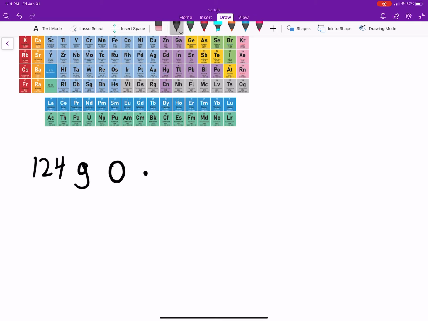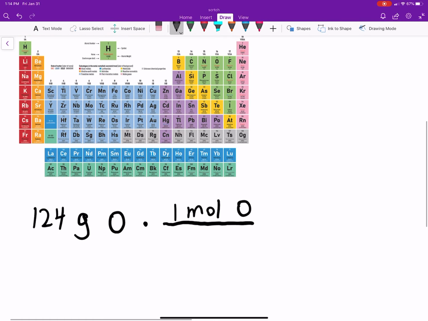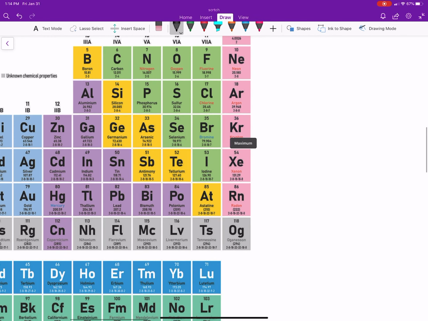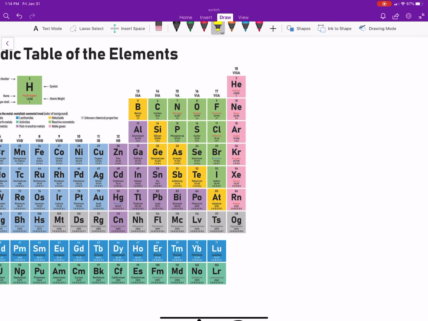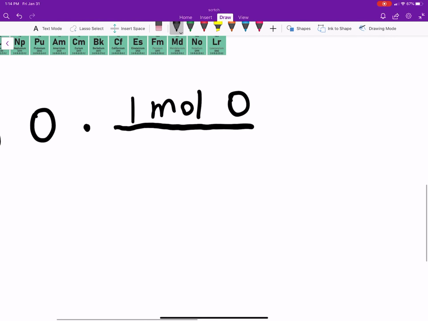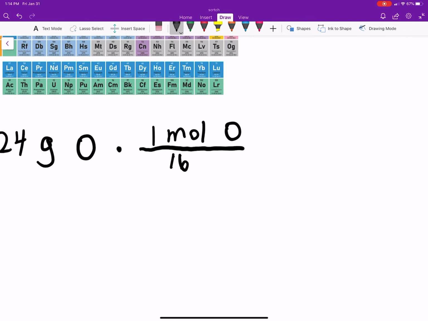Well, we talked about converting last time, but let's go ahead and refresh a little bit here. Well, we know 1 mole of oxygen is equal to, all we have to do is go up to oxygen here, and right here, you can't see it very well, but it's about 16 grams of oxygen.